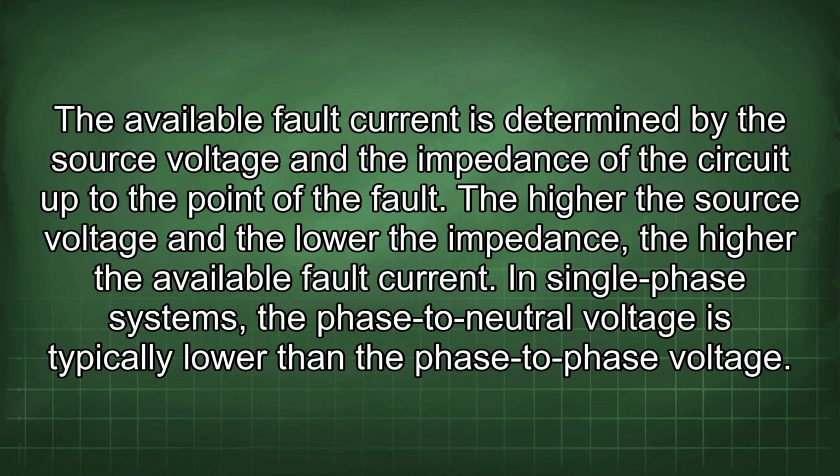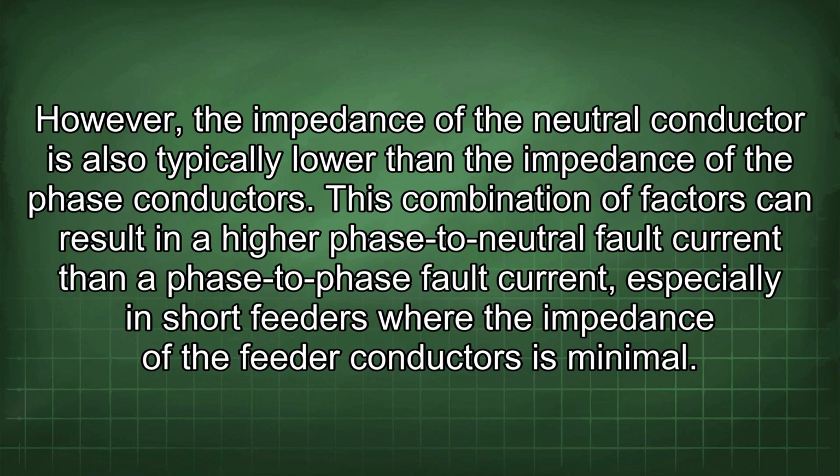In single-phase systems, the phase-to-neutral voltage is typically lower than the phase-to-phase voltage. However, the impedance of the neutral conductor is also typically lower than the impedance of the phase conductors. This combination of factors can result in a higher phase-to-neutral fault current than a phase-to-phase fault current, especially in short feeders where the impedance of the feeder conductors is minimal.